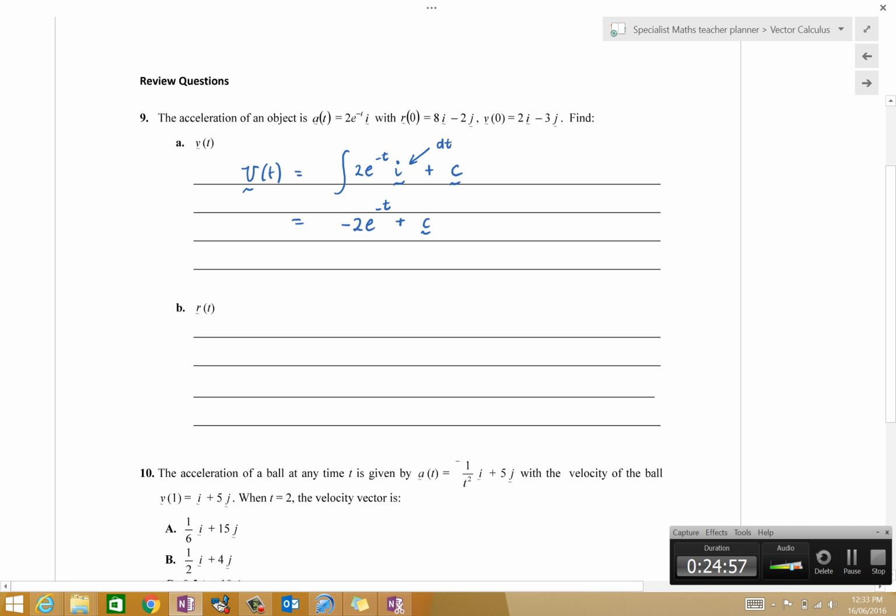Now, it says here, v of 0 is equal to 2i minus 3j. So we now need to find what that vector is. Notice that I'm using vector notation. When t equals 0, that means that e to the power of 0 is going to be 1. So that's going to be minus 2 plus c.